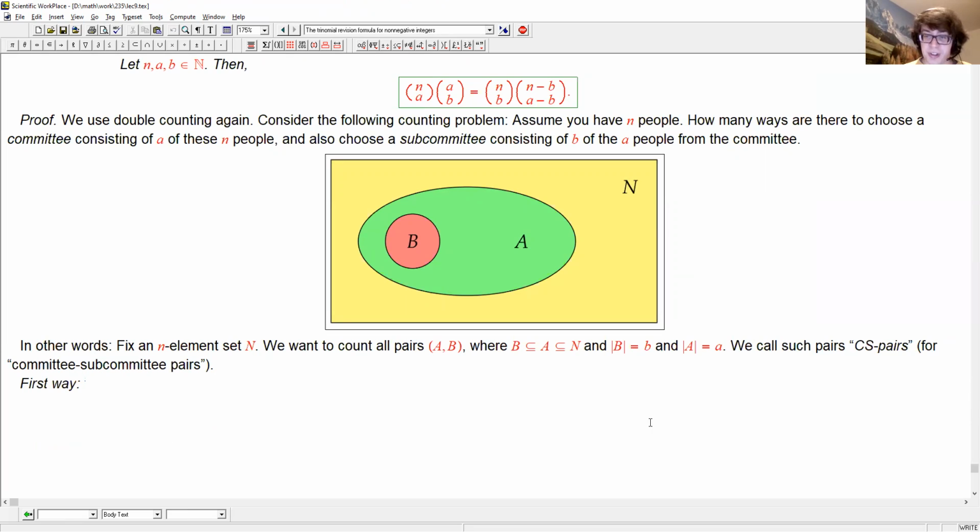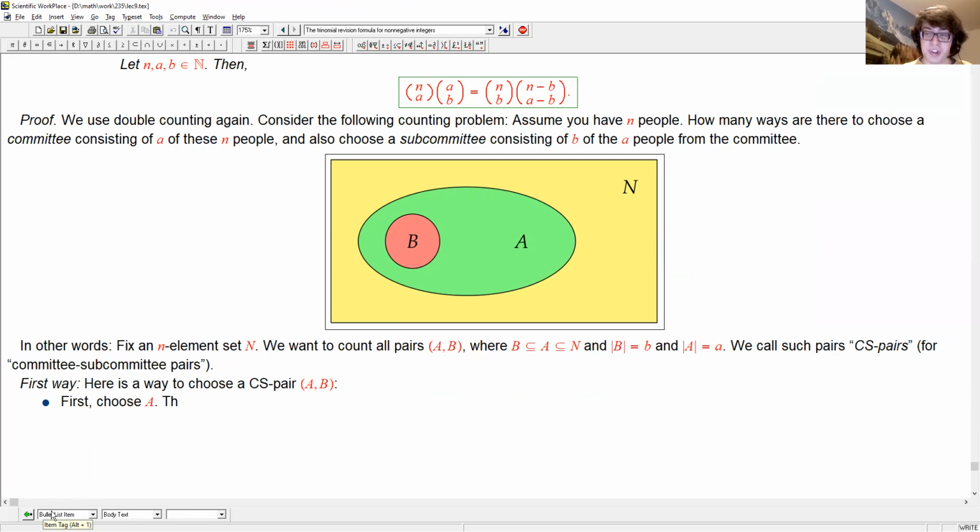So how would you get this product? Well, it's a product, so you would expect to use the product rule or the dependent product rule. Here is a way to choose a CS pair A, B. First, choose A, that is, this committee.